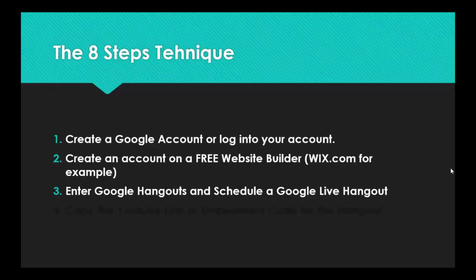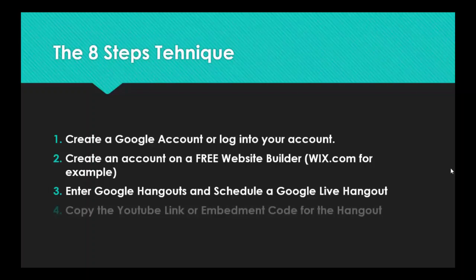Then you need to enter into your Google Hangouts account. You just type in Google Hangouts on Google while already being logged into your account. The Google Hangouts will appear. You enter Google Hangouts and you schedule a Google Live Hangout. So not a normal Google Hangout. You need to schedule a Google Live Hangout. Then you copy.